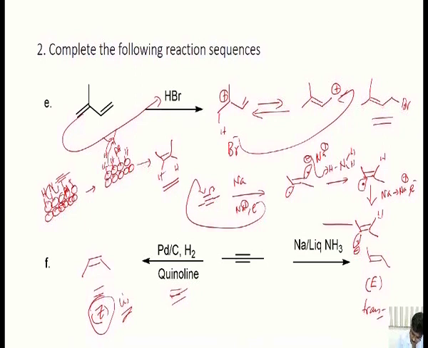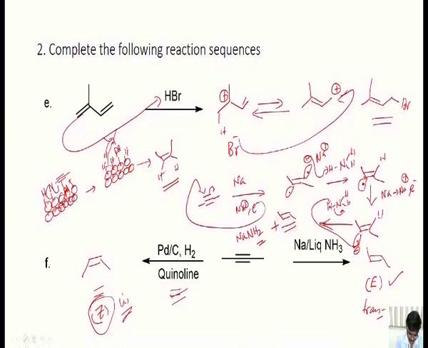Once you form this one, as we have just seen, it can take a proton from the solvent to give the trans alkene as the product. In this reaction, you generate 2 equivalents of sodamide as a byproduct. So, when you use sodium in liquid ammonia, you will be able to convert alkyne into trans alkene.